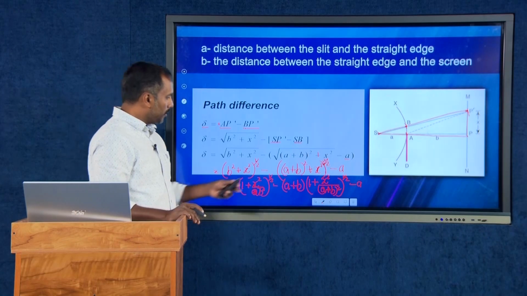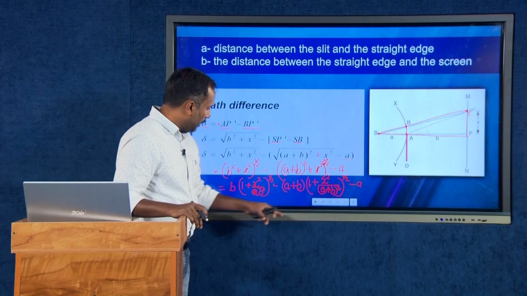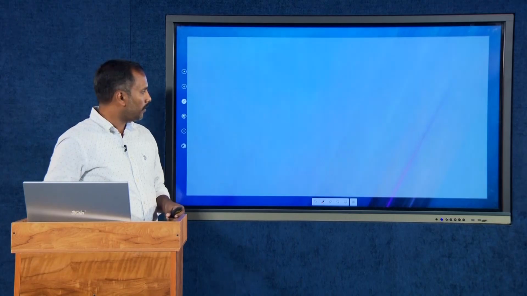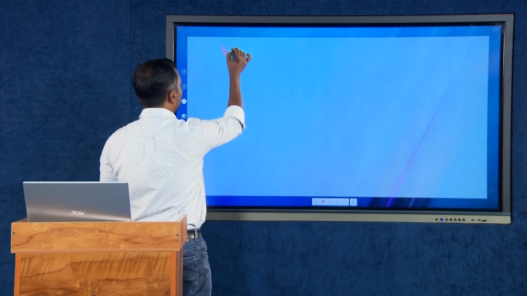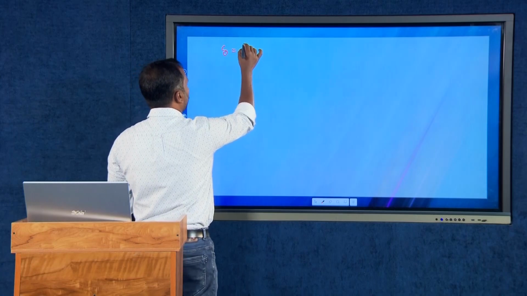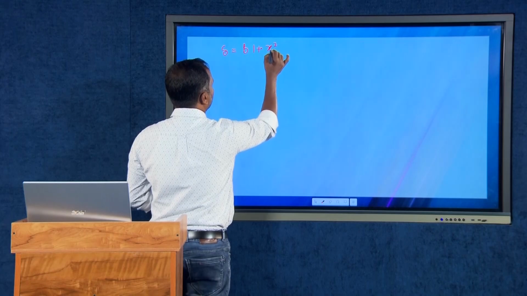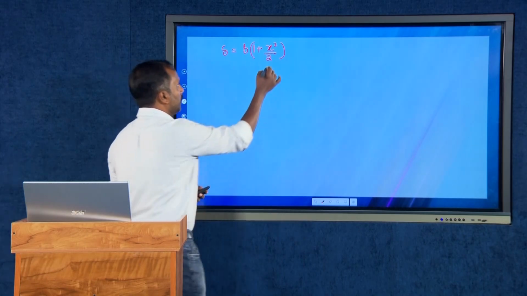Now this formula can be rearranged. The path difference delta is equal to B into 1 plus X square by 2B square, the raised to 1 by 2 term reduced like this.